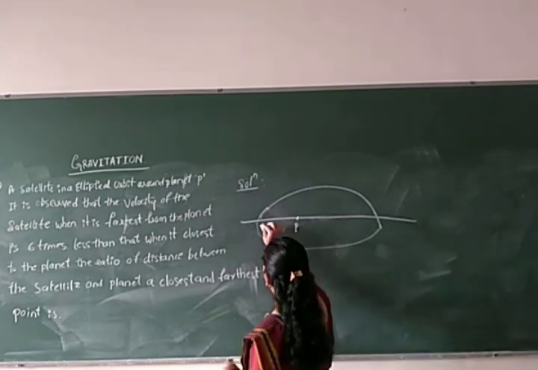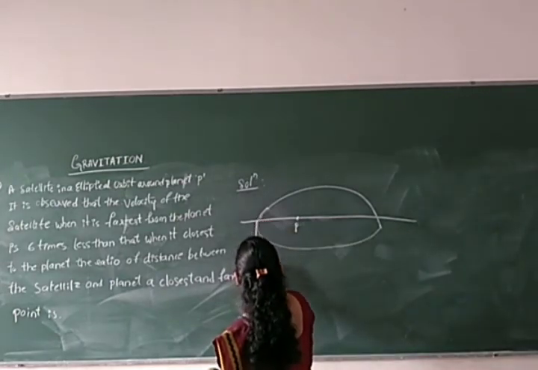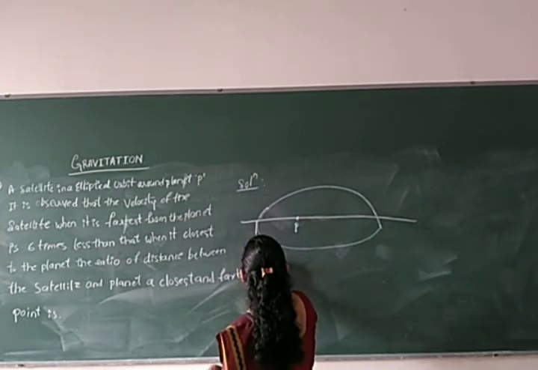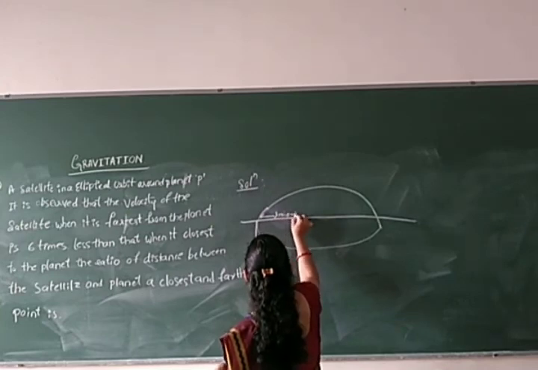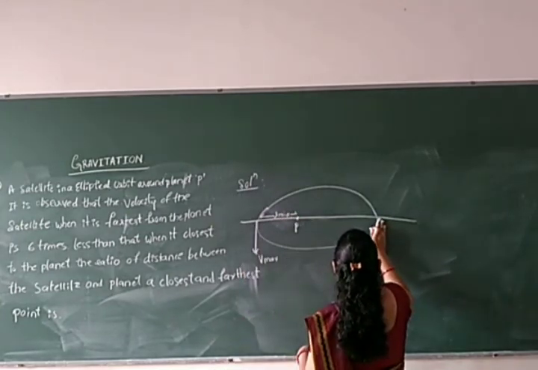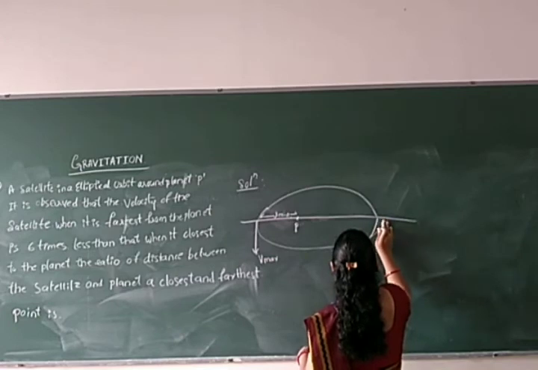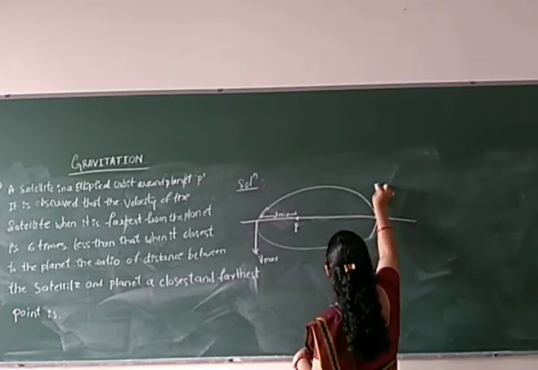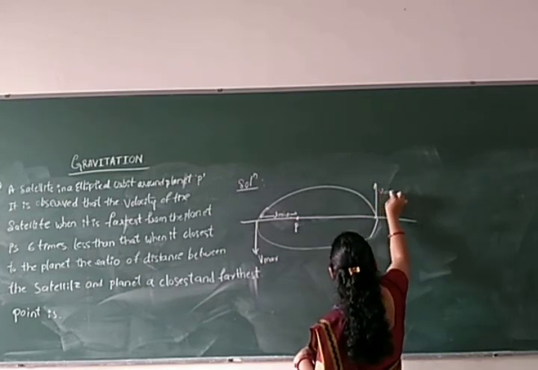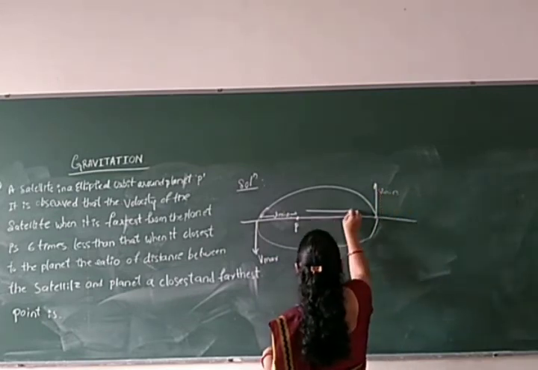Similarly, we are taking the planet with the velocity here. Velocity is maximum here, so the radius will be minimum here. Then when the satellite is moving in this direction with minimum velocity, the radius will be maximum here.